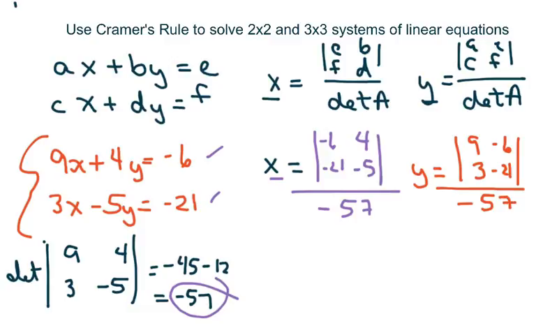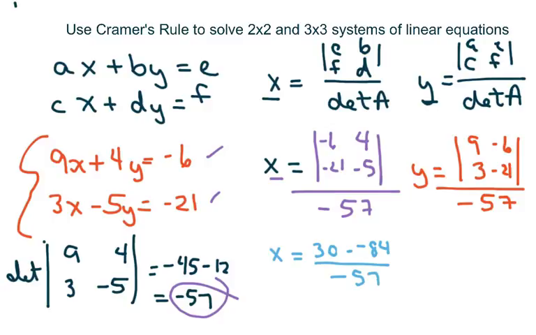So now I take the determinant, and for x, I'm going to get, I already wrote this down so I wouldn't make a mistake, 30 plus 4 times, it's minus, let me just go ahead and put minus a negative 84 over negative 57.